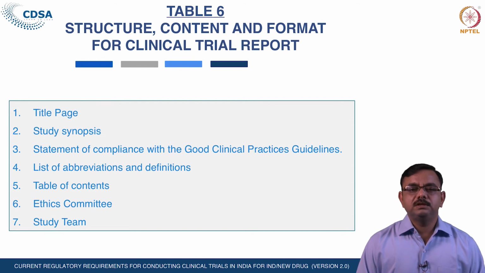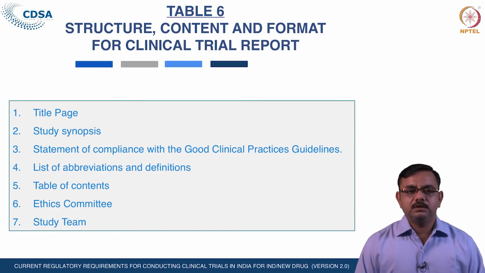A brief summary has to be given, highlighting the significant physical, chemical, pharmaceutical and pharmacological information, and this summary has to be submitted along with the protocol. The protocol should also have the non-clinical information that they have conducted.